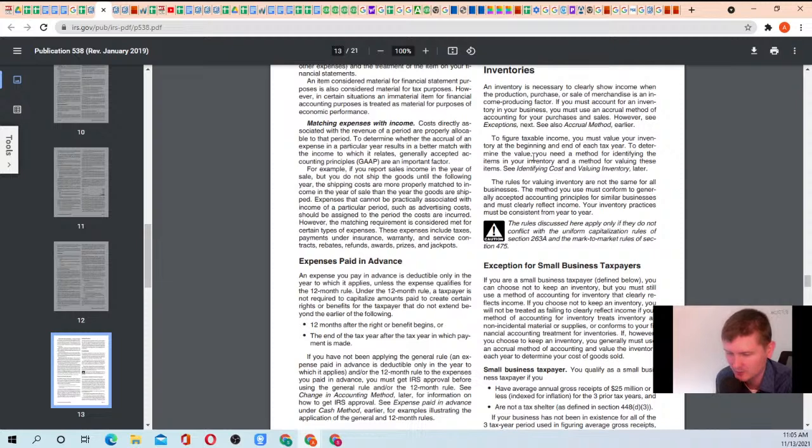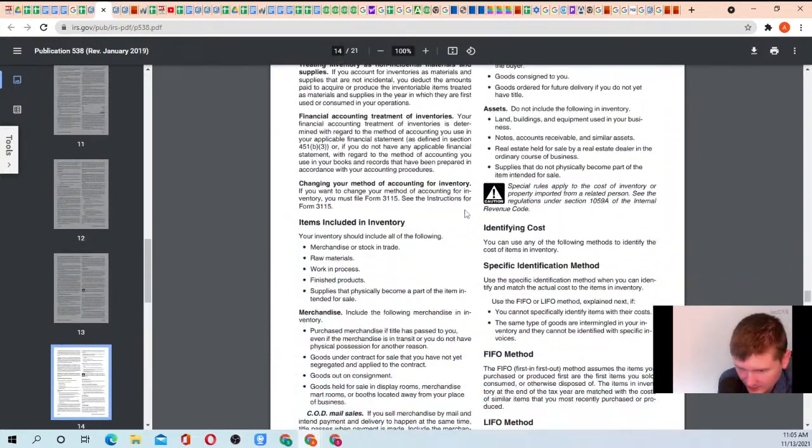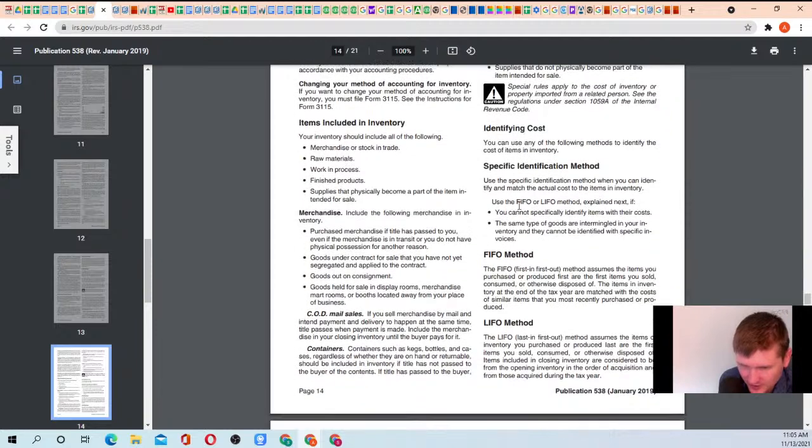For tax purposes, you will need capitalized inventory. To figure out your taxable income, you must value your inventory at the beginning and end of the tax year. To determine the value, you need a method for identifying the items. Identifying cost: specific identification method.